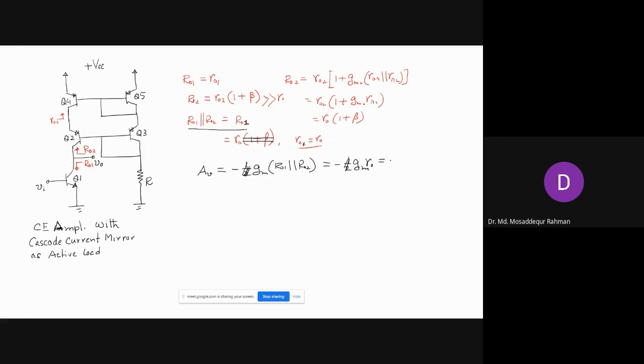So what we get here is minus gm R0, where gm is IC by VT and R0 is VA by IC, and so we get minus VA by VT. Assuming VA to be 100 volts and VT 0.025 volt, you get minus 4,000.